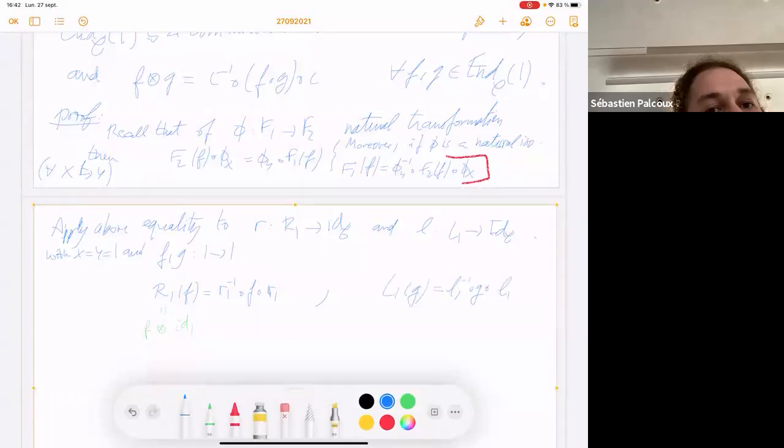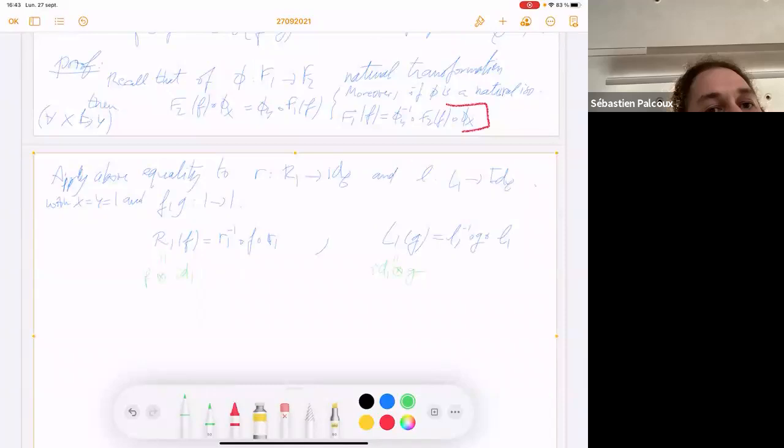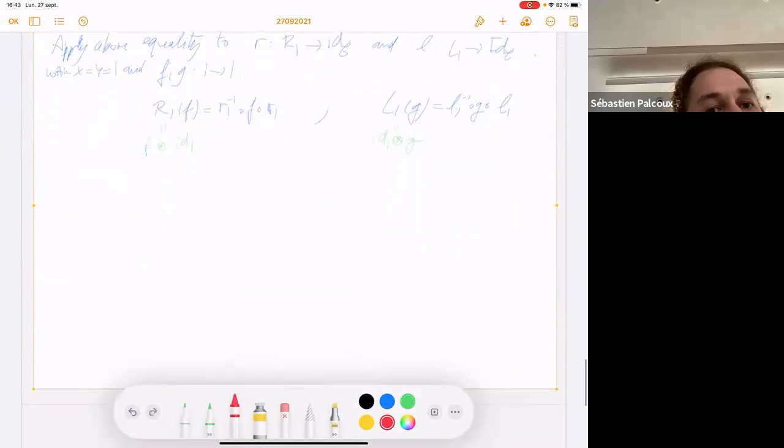And this is equal to ID1 tensor G. So this is just the definition of a natural isomorphism applied to R and L and to X equal Y equal 1 and two trivial morphisms from 1 to 1. So we choose F here and G here.